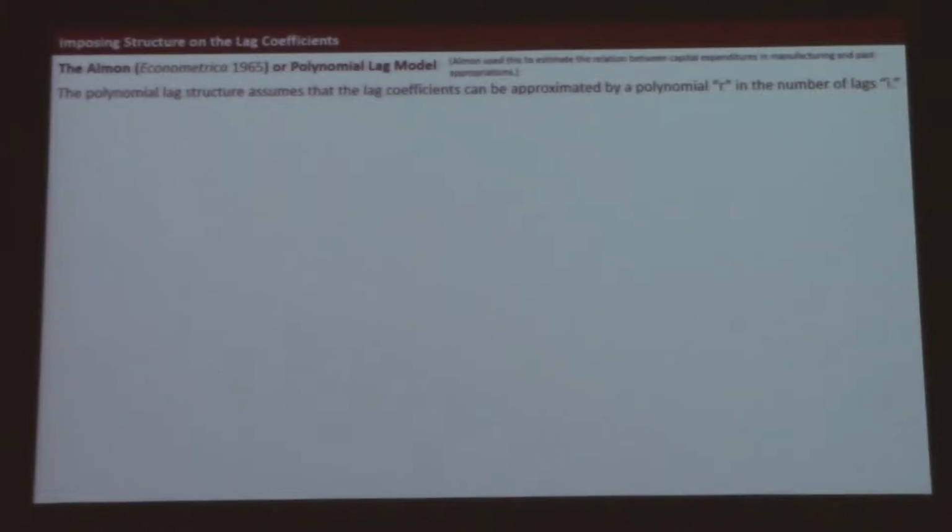That creates doubt in our confidence in those coefficients. So we know they're imprecisely estimated, and we're not real comfortable with them. So we're going to try to impose some lag structure. What we're going to do is pretty easy, theoretically.